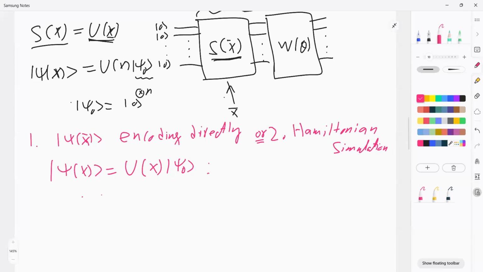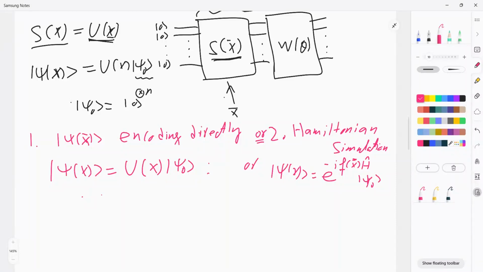And then in the other way, we can think of this state as being generated from a Hamiltonian H applied to some initial state psi naught, where this f of x, which corresponds to time in Hamiltonian simulation, is a function of our data.